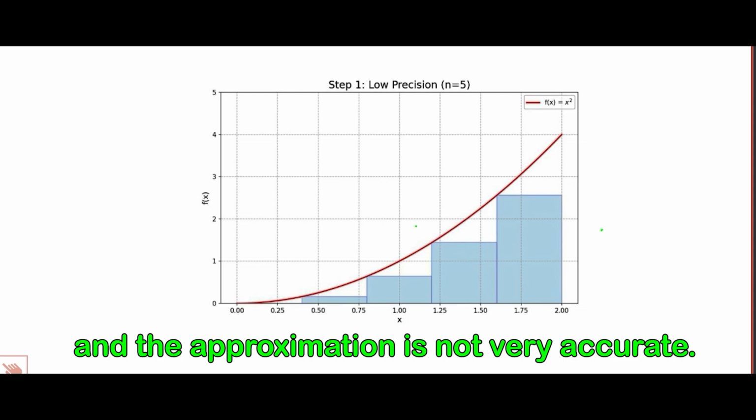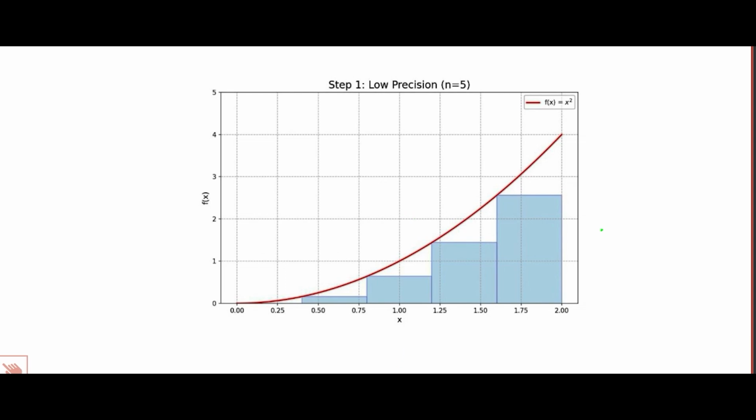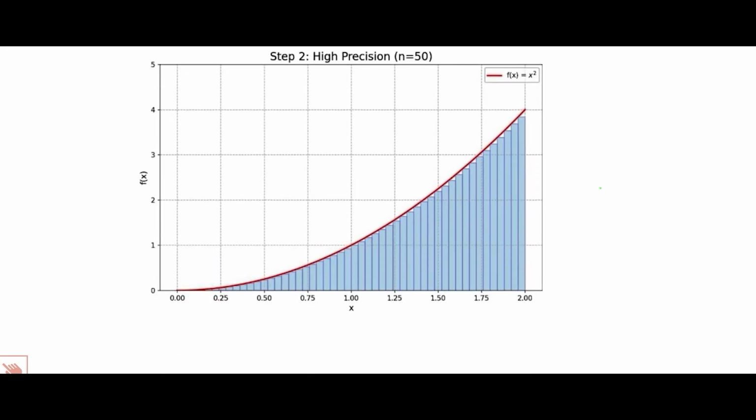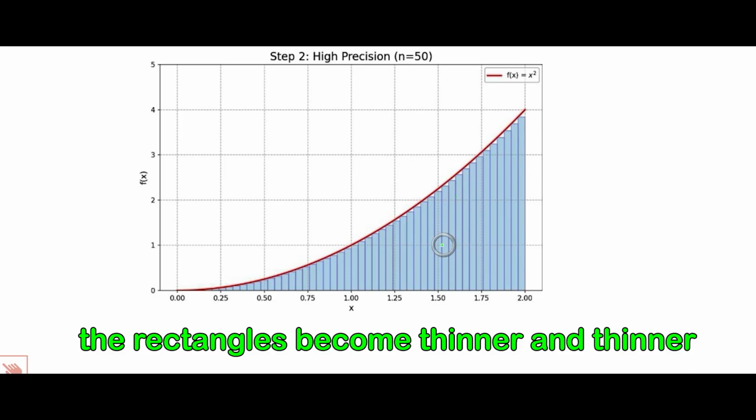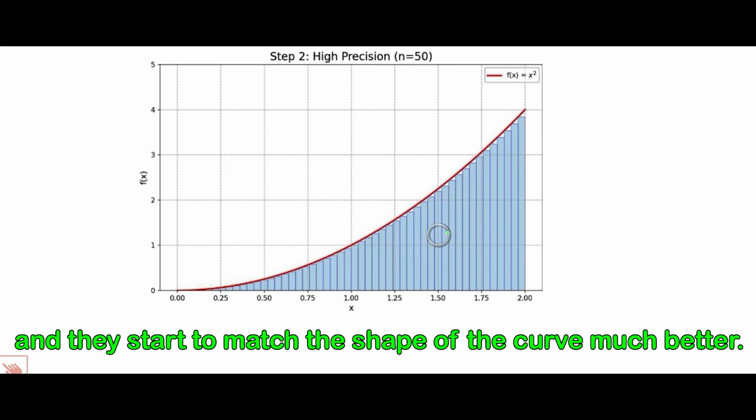But as n gets larger and larger, like this for example, the rectangles become thinner and thinner and they start to match the shape of the curve much better.